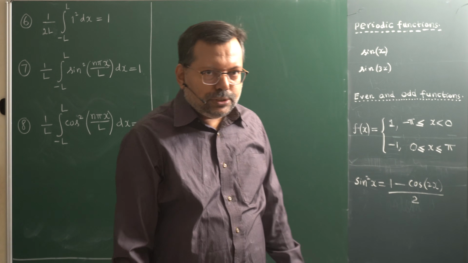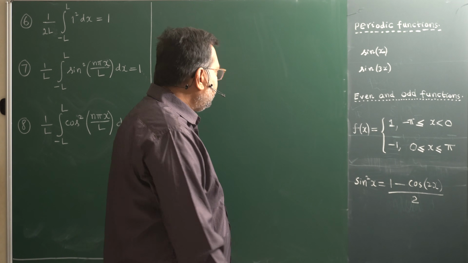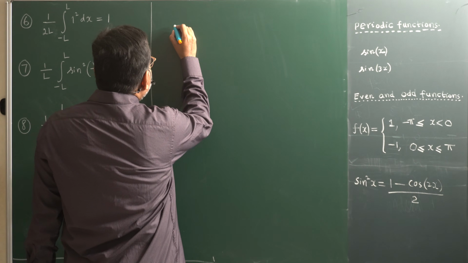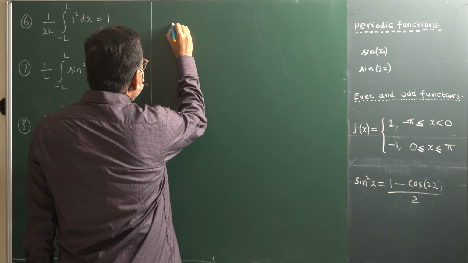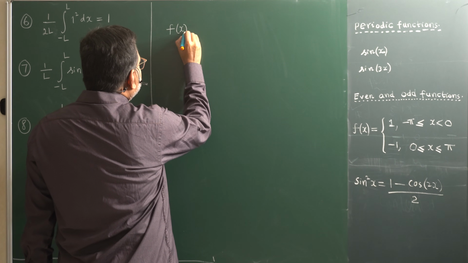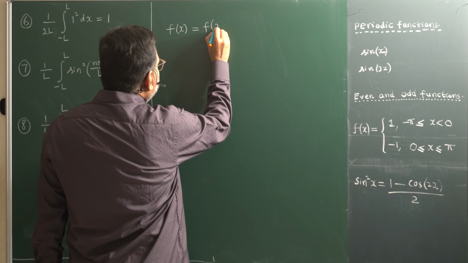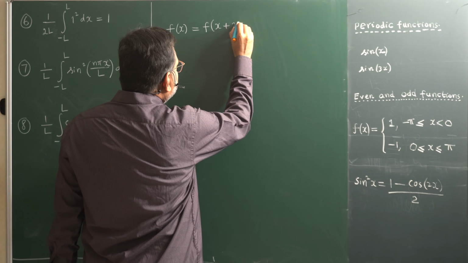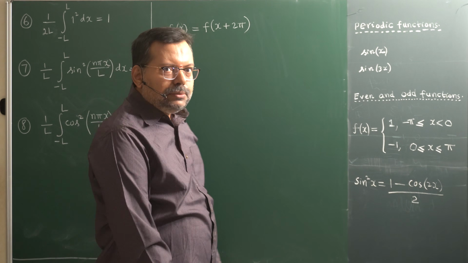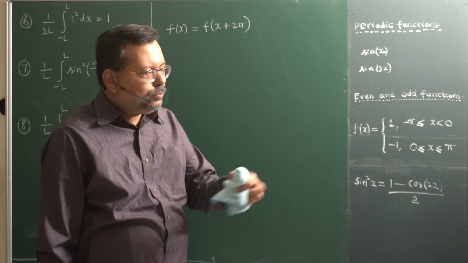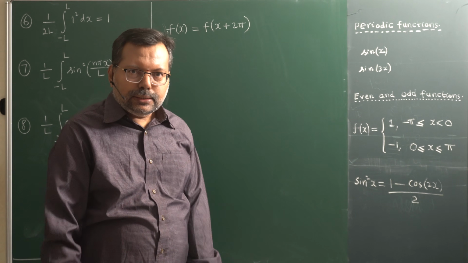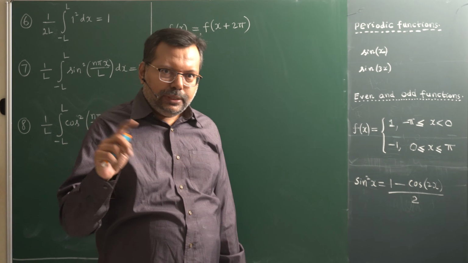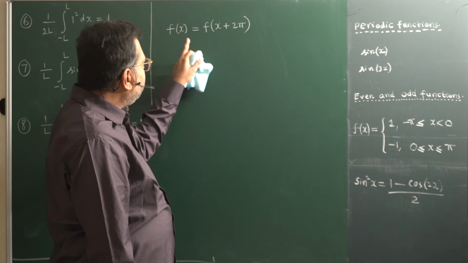So with this, the plan is like this. We are going to consider some periodic function f of x. Let me write down that the function will be like this, with period 2 pi. For simplicity, I am writing 2 pi so that you can easily consider sin x, cos x, etc. So the period is 2 pi. What do you mean by periodic?